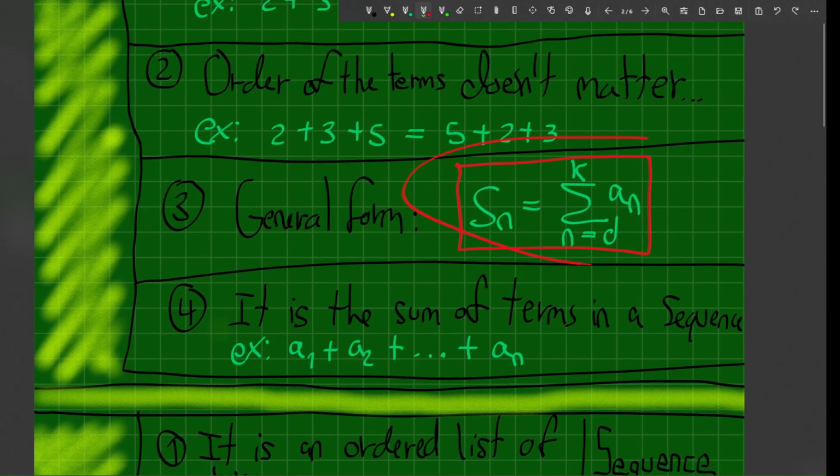This here is the general form, aka the formula, where Sn is the symbol of the series, and k is the last iteration, d is the starting iteration, and n is the variable which will hold the value that each iteration will be. And then we have a, which is a term or a number of terms.